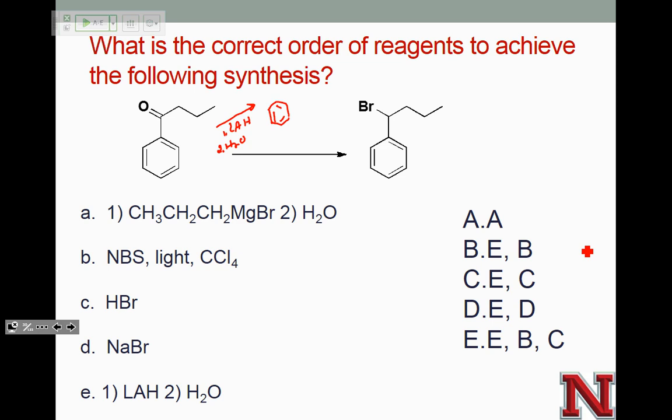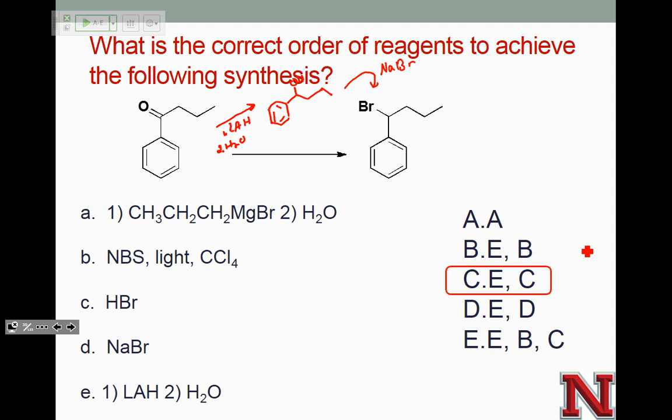So we can form our alcohol. Once we have our alcohol, we can do an SN1 or an SN2 reaction to form our bromine. So those are our best routes there.